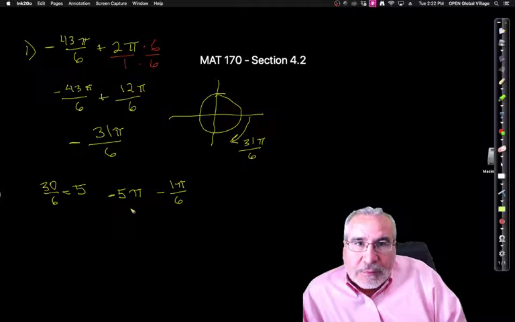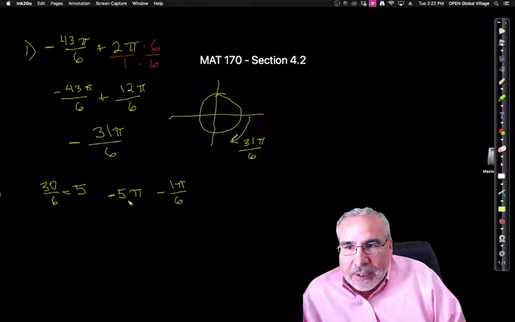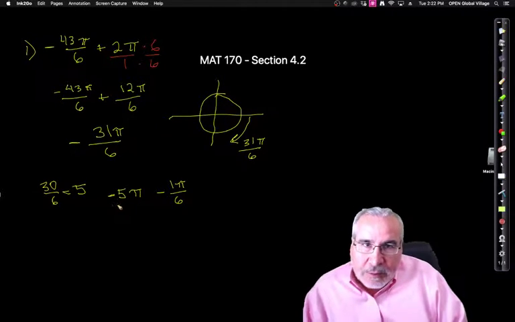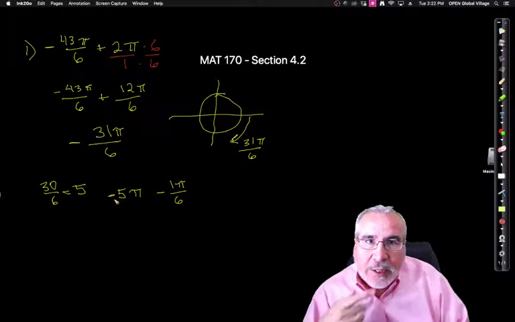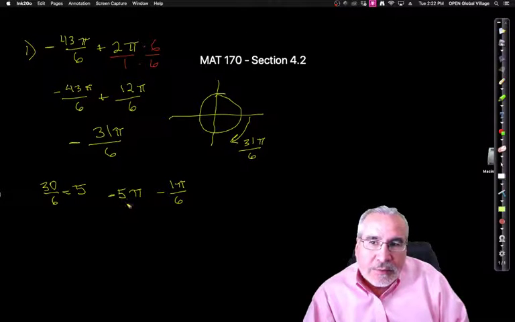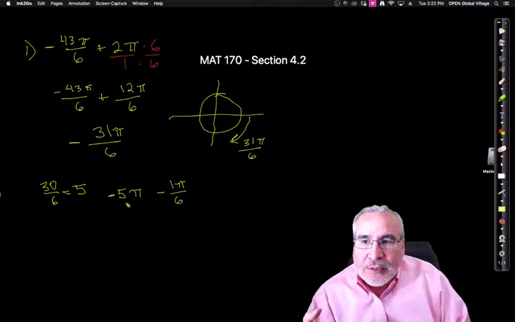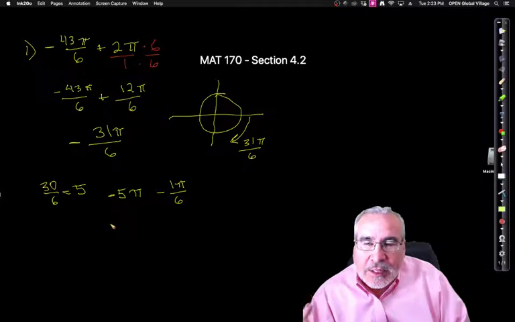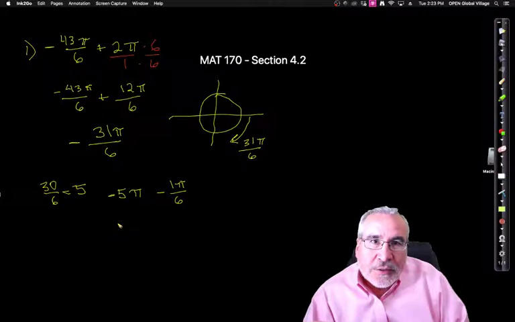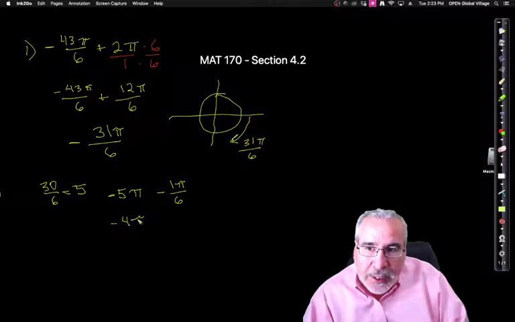Well, if this 5 pi were an even number, that'd be easy. I just divide it by 2, and that's how many times I've gone around the circle. But 5 is not even, it's odd. So I think of the largest even number that would go into this, which would be 4 pi, so negative 4 pi.